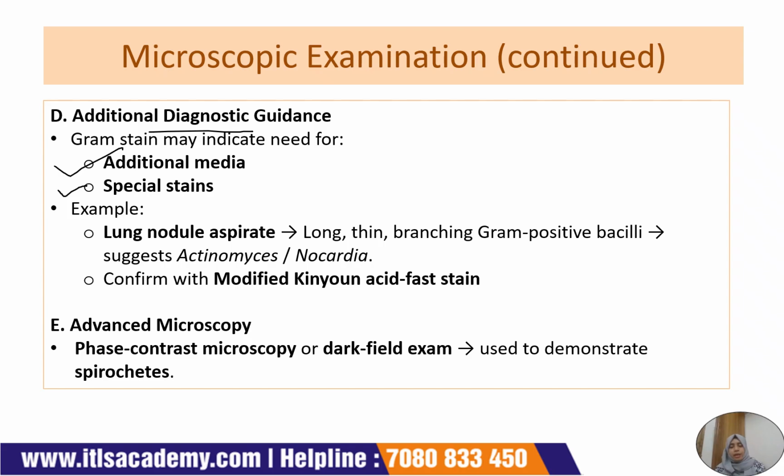For example, in aspirated material from a lung nodule, long, thin, branching gram-positive bacilli provide information about Actinomyces or Nocardia. Also, stains such as the modified Kinyoun acid-fast stain may quickly provide useful information for lab technicians.